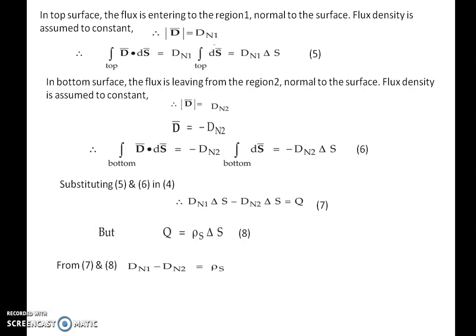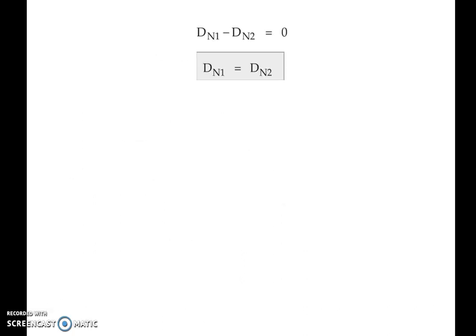It is always considered that for an ideal dielectric material, the surface charge density is 0. So rho S is equal to 0. Now substituting this in the above equation, DN1 minus DN2 gives 0, and DN1 is equal to DN2.